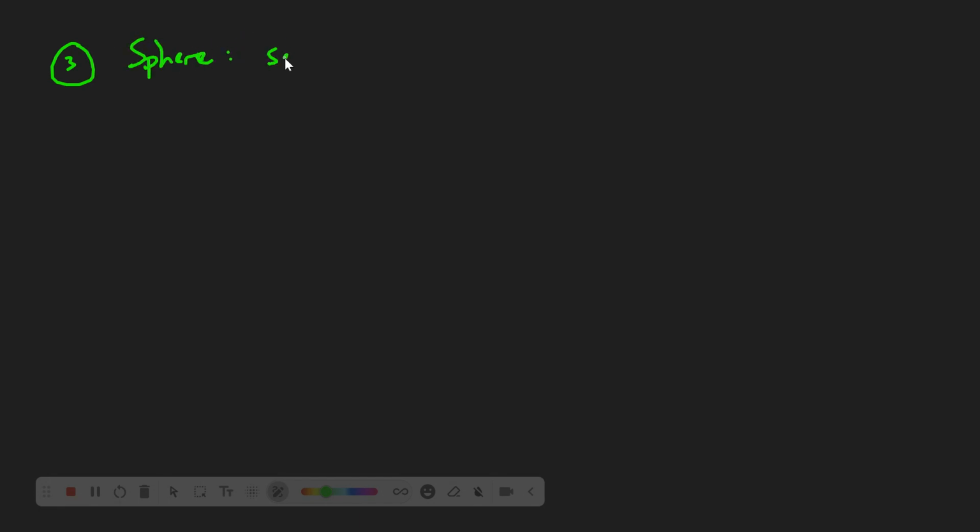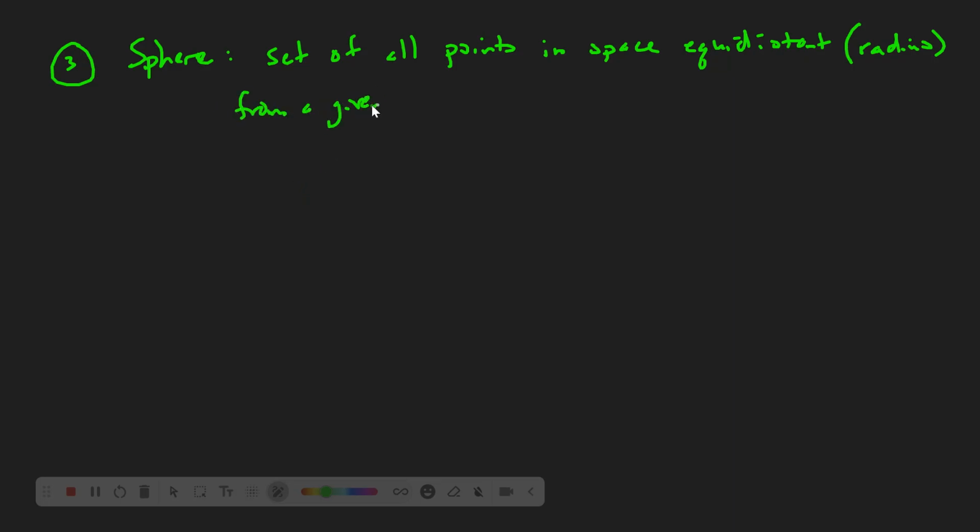A sphere is the set of all points in space equidistant, and just like a circle, that distance is the radius, from a given point. And that's going to be the center of the sphere.